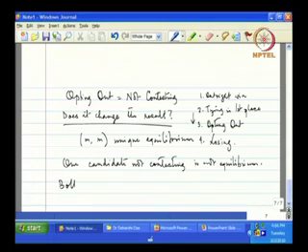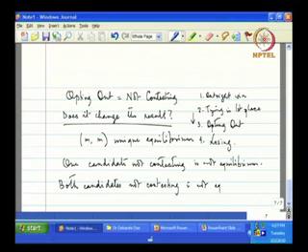Can it happen that both candidates are not contesting, can that be an equilibrium? And the answer is again no. If both the candidates are not contesting, that cannot be an equilibrium, because from the point of view of each candidate, opting out is worse than winning.